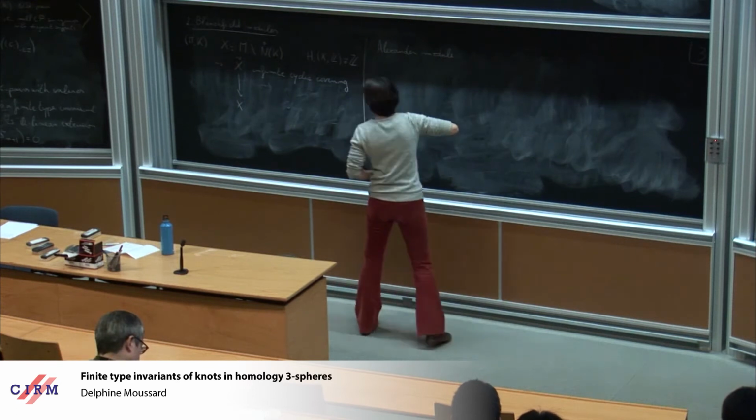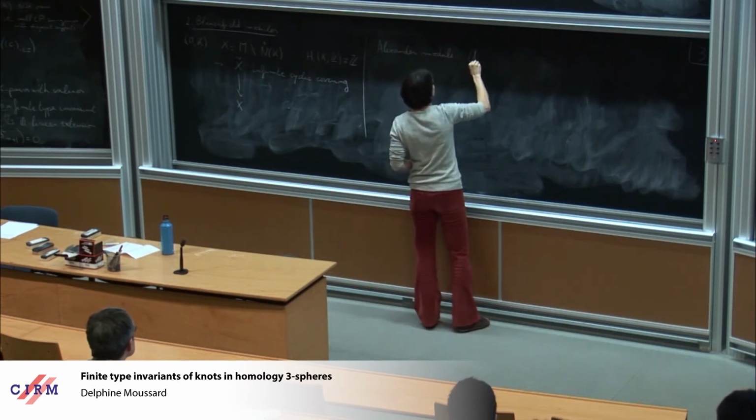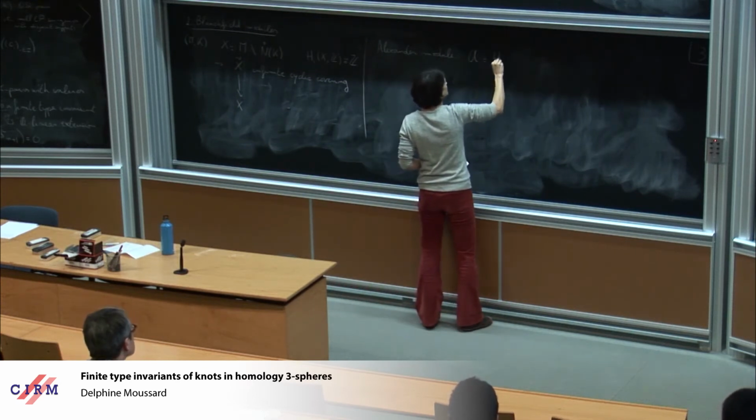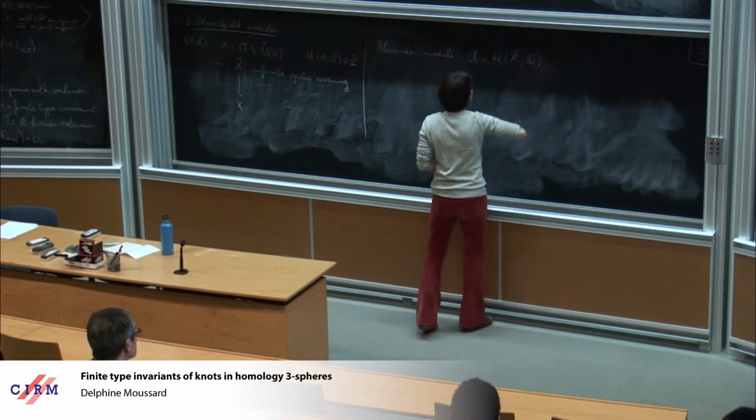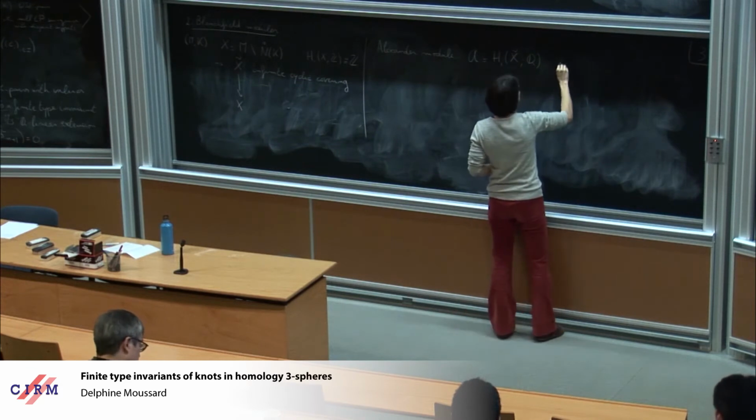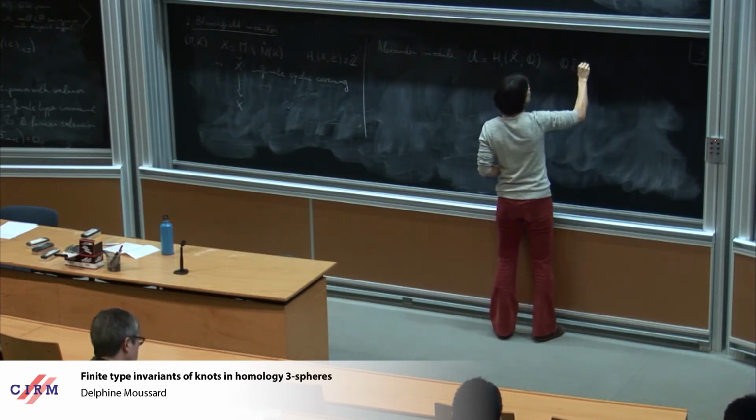So the Alexander module of the pair (M, K), which I denote by A, is the first homology group of X tilde with Q coefficients, viewed as a Q[t, t inverse] module.